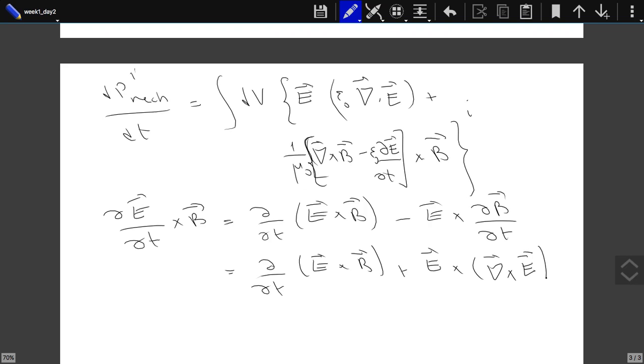We can write this term as the time derivative of the full expression, not just part of it, plus a term that doesn't depend on our current densities, our charge densities, nor the time derivative.